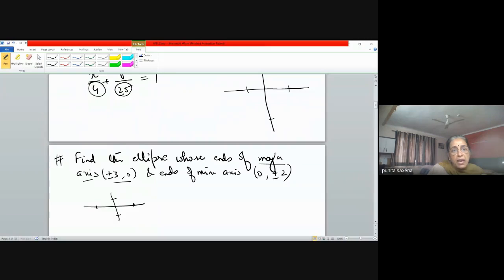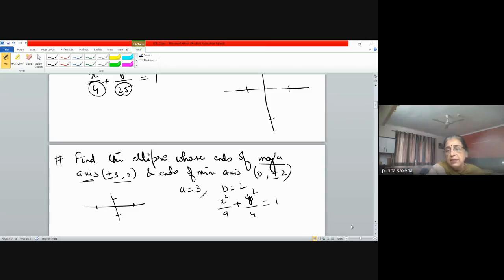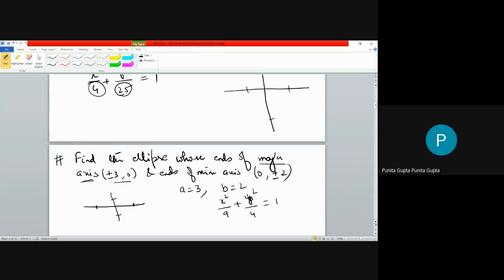So if end points are plus minus 3, that means your A is 3, because major axis gives A, ठीक है ना? Similarly, here B is 2. So what will be the equation of the ellipse? X square by 9 plus y square by 4 equal to 1. ठीक है ना? अब इसमें तो कोई problem नहीं आई.